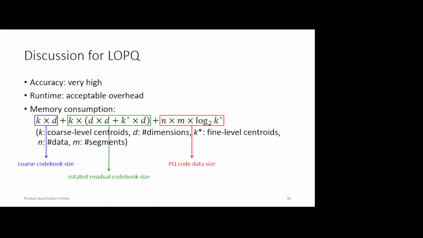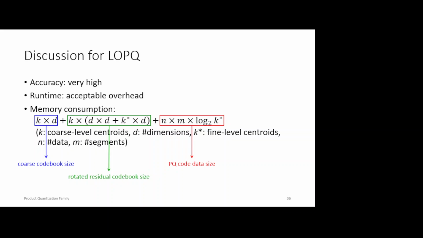So your rotation matrix will be D by D plus K star by D. K star is your PQ's codebook size, also called the number of fine level centroids, times the dimensions. This is the size for one cluster. In total, you have K clusters, so that's why we have to multiply by K here. So this is the total size of the rotated residual codebook.